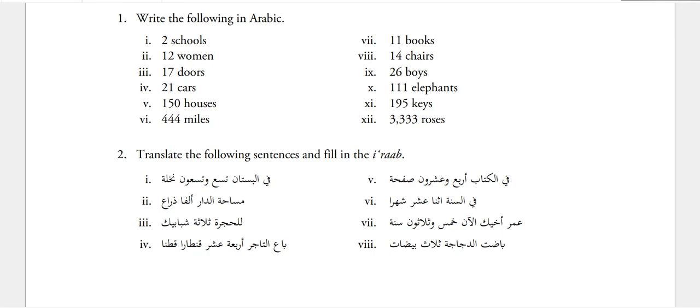So noon is dropped, alfa zira'in, 2,000 feet. Lil hujrati, for a room, salasatu, 3 shababika, 3 windows. Now why I am saying shababika instead of shababik? Because shababika is gair munsarif, and on gair munsarif we cannot put zair on it.